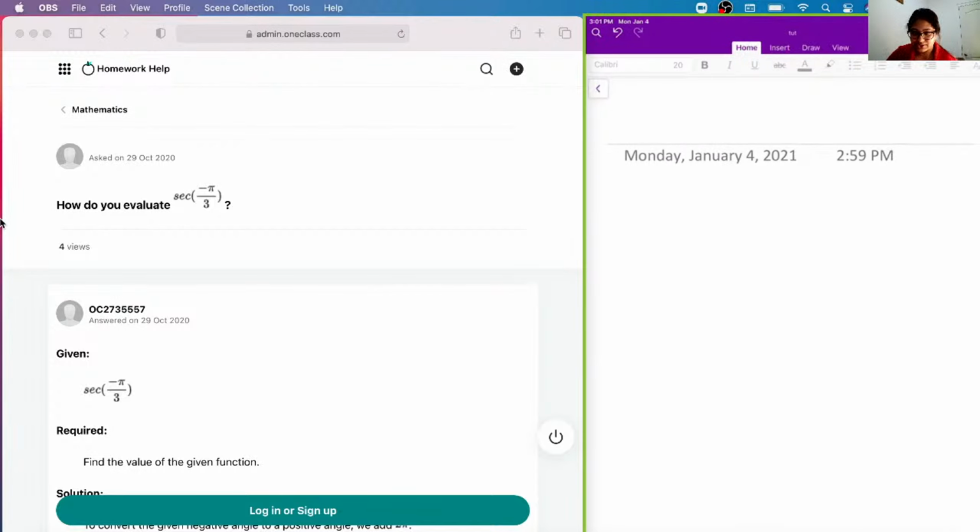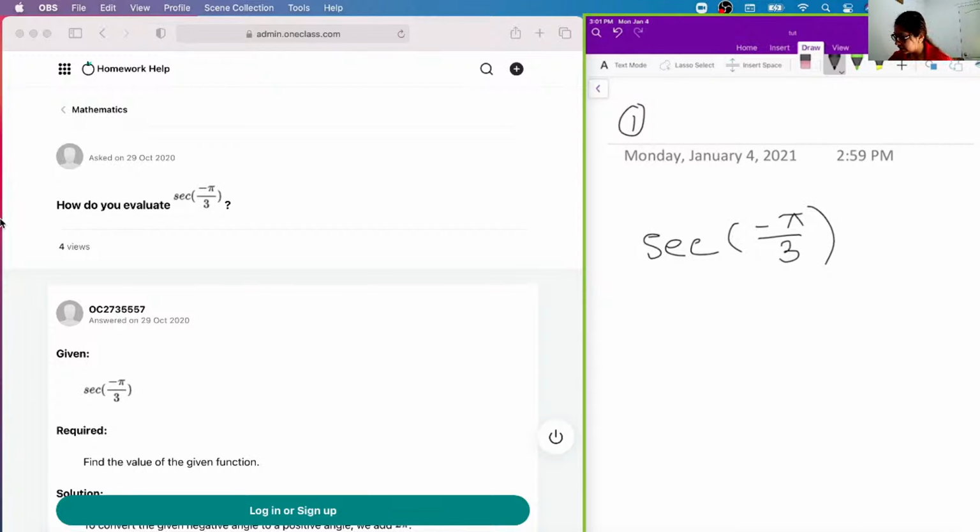So our first question here says: how do you evaluate the secant of negative pi over 3? And so to do this, we should basically say, what is secant of negative pi over 3?